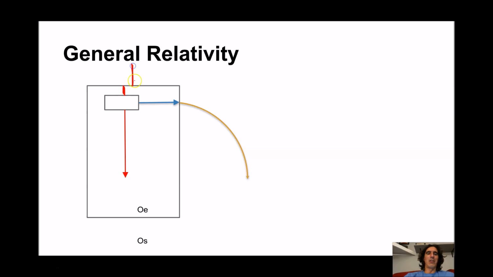And what's going to happen is at some point we're going to cut the elevator. So it's going to be in free fall motion, falling downwards, while the flashlight, we'll say it's turned off the instant it's cut. So we just see one photon from the flashlight and watch its path as the elevator is falling down.